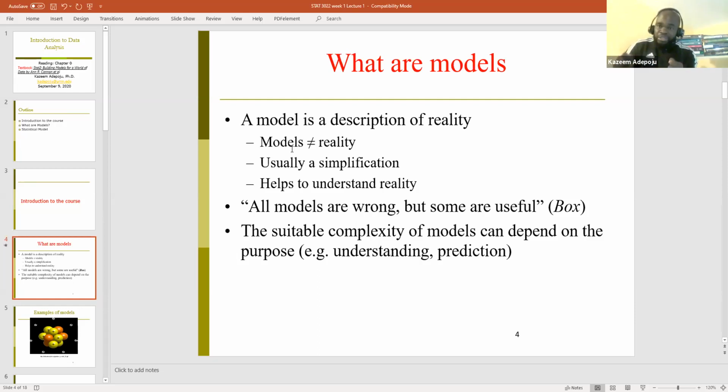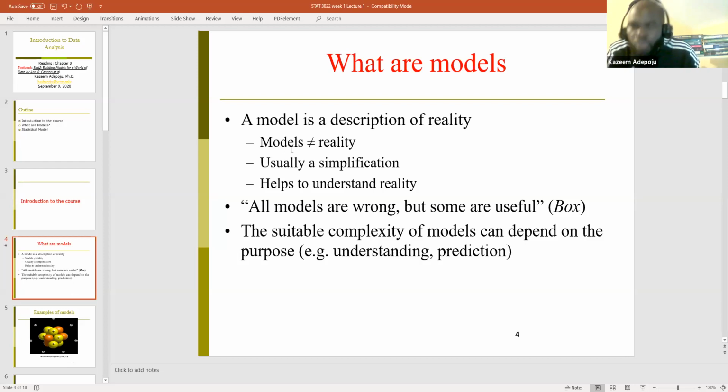And let me tell you something. They are using models, but because a model is not the same thing as reality, a model is an approximate reality. That is the reason why George Box said, and I quote, all models are wrong, but some are useful.